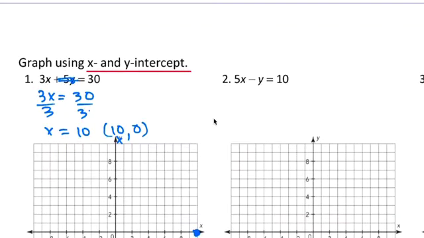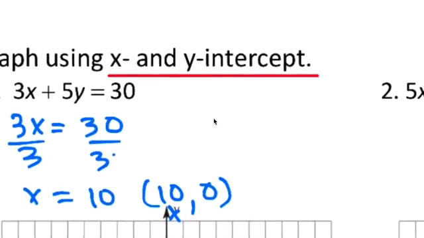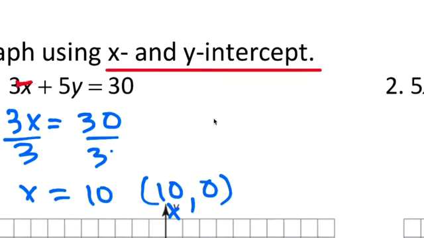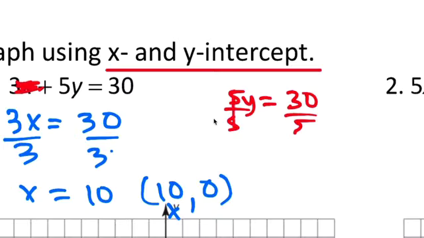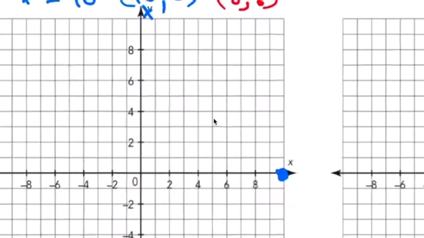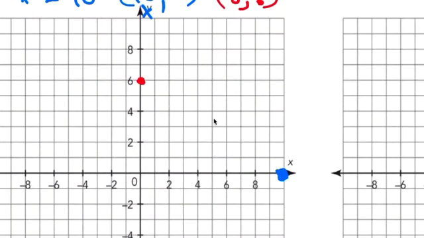Y-intercept is when x is 0, so we cover that up. Divide by 5. Y is 6. 0, 6. 0, 6 is there. There we go.